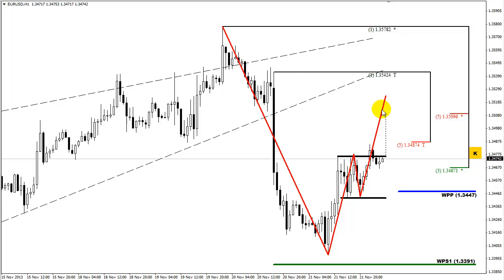I think that if the market breaks above the zone here, this would be too much for the bears to take control again. Okay, also take note that the market is now above the weekly pivot point for the current week.